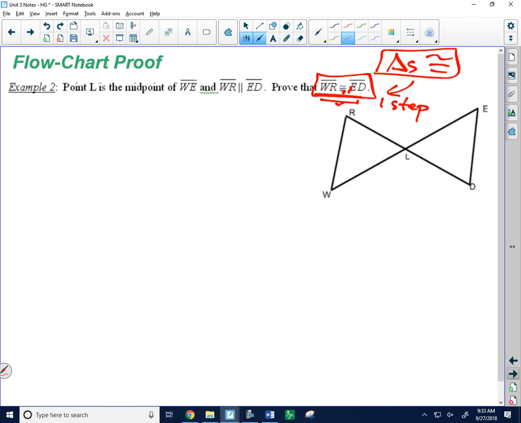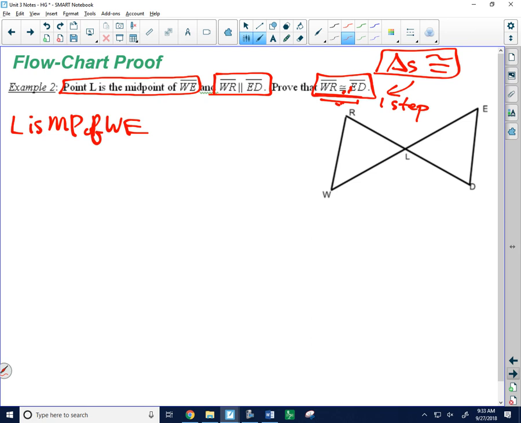I thought we haven't done a flow chart. Let's do that on this one. Each given is its own box or circle. And I'll mark it on the diagram as well. We're going to show the triangles are congruent, and then those sides will be. Okay, so first box, L is the midpoint of WB. Well, I'm going to go down.